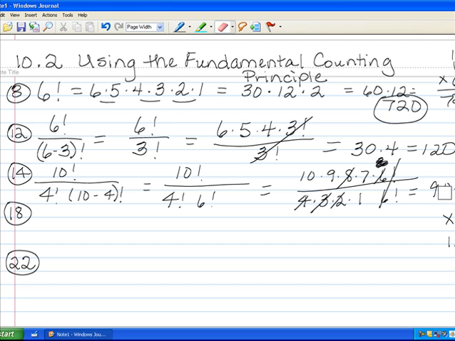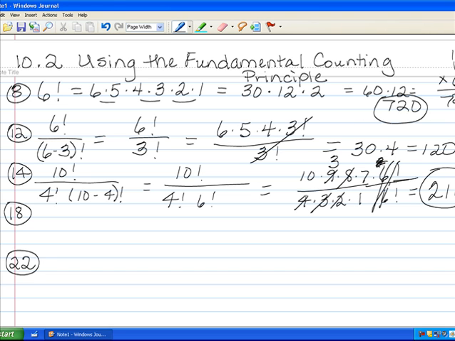Okay, let me erase that. I have already canceled the 6 factorial. So when I have a 3 left over, I have to put it into 9. So it's going to be 3 times 7 is 21 times 10 is 210. That looks better. I knew the number looked awfully large.